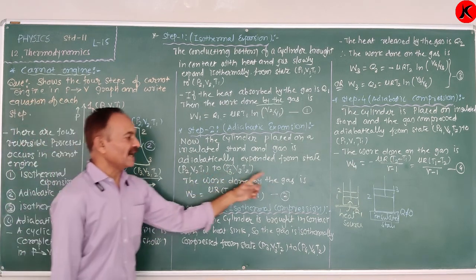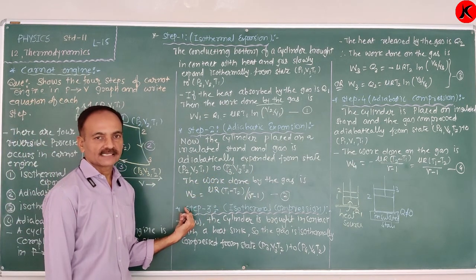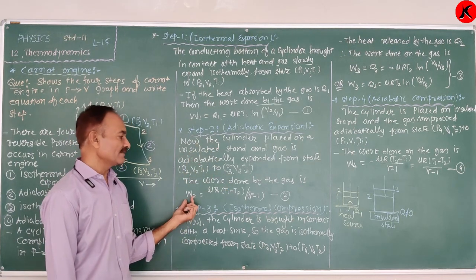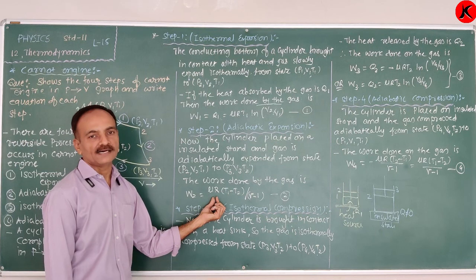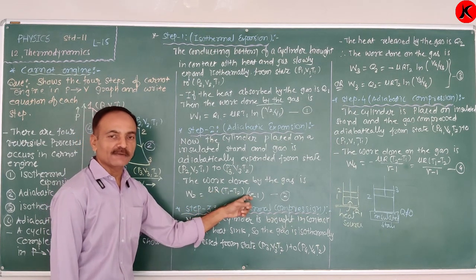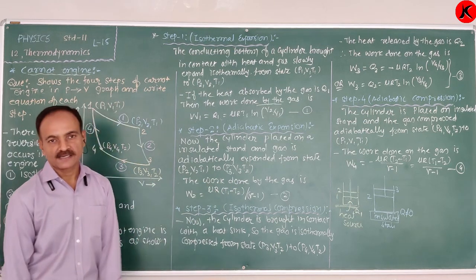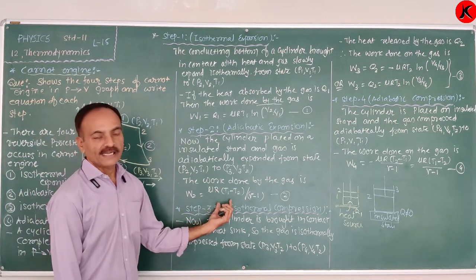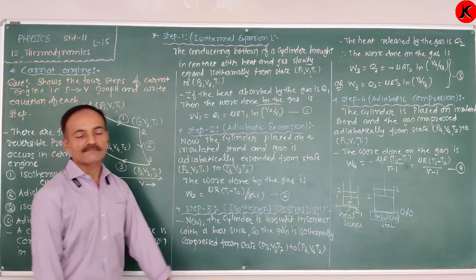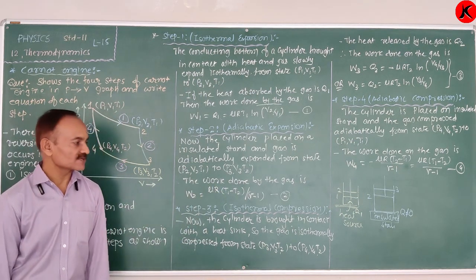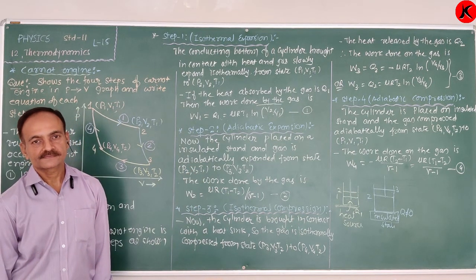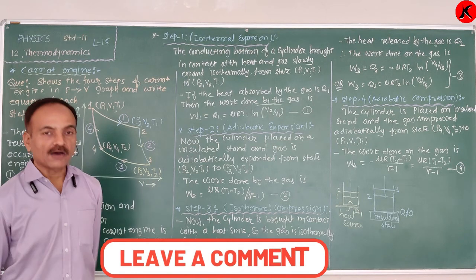The work done by the gas, from the equation of work done during the adiabatic process, W2 is equal to, actually this work done is negative, minus mu R (T2 minus T1) upon (gamma minus 1). But to make it positive, W2 is equal to mu R (T1 minus T2) upon (gamma minus 1). That is our second equation. Okay.